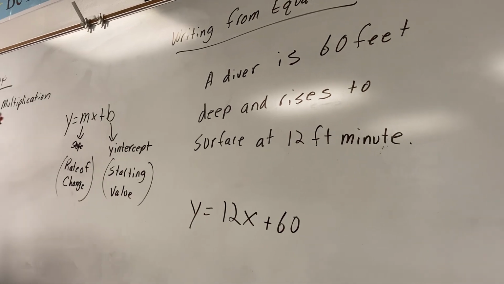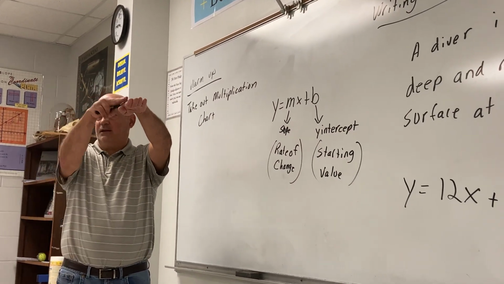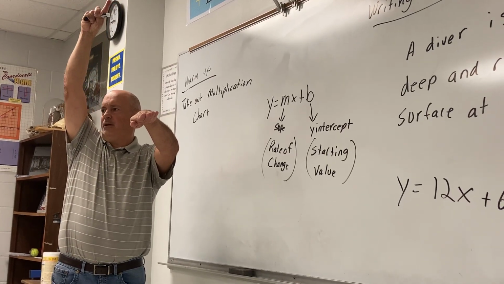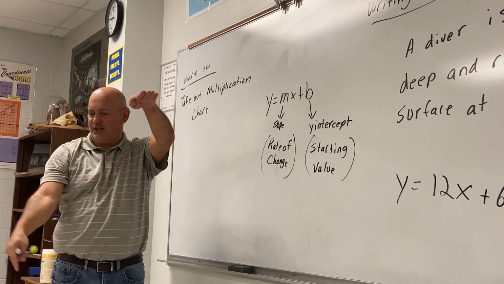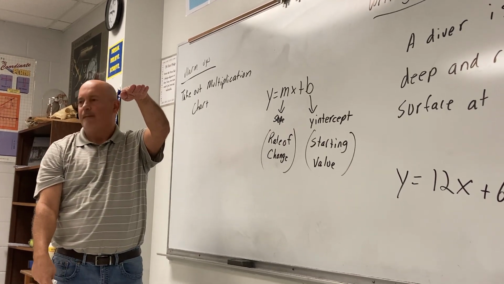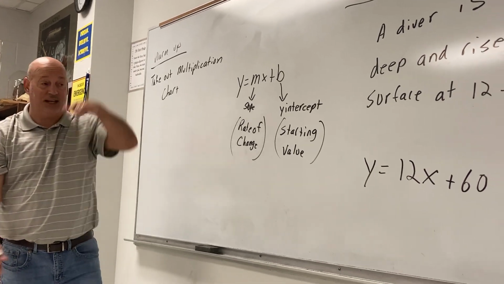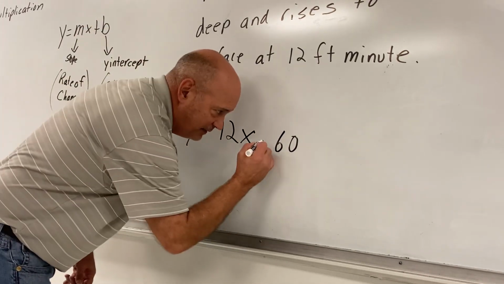If we're diving and I'm underwater, 60 would be above 0. Water would be 0, so what do we need if we're 60 feet deep? Negative. So to show that we're 60 feet deep, we need to start down there at negative 60. So let's change this to negative 60.